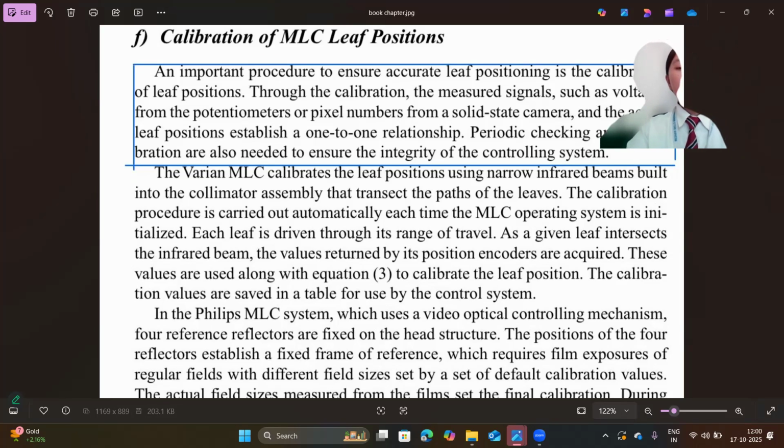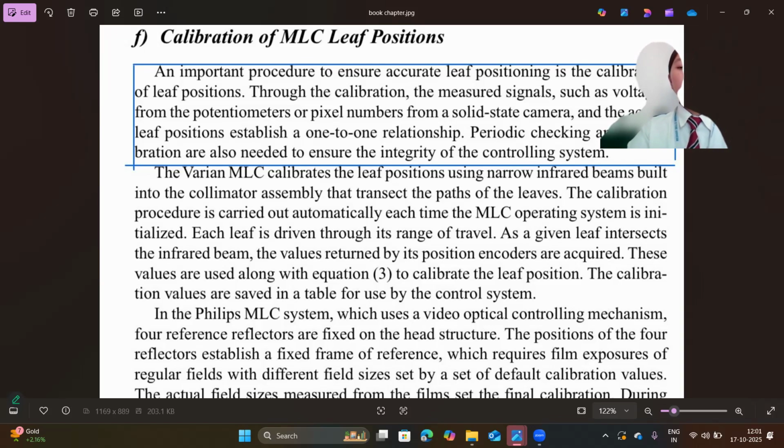Calibration ensures accurate leaf positioning by establishing a one-to-one relationship between measured signals like voltage or pixel numbers from a camera. Another thing I would like to talk about is the variant MLC calibration method, which uses narrow infrared beams in the collimator assembly to calibrate leaf positions automatically when the MLC operating system initializes.